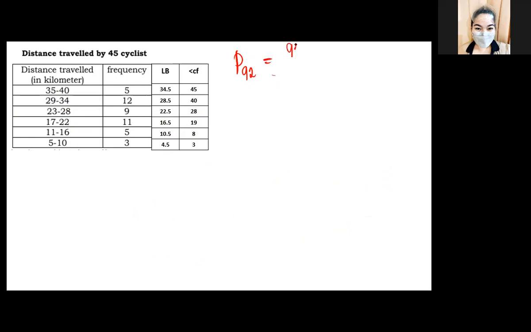Our locator is 92 times n divided by 100. So that is 92 times 45 divided by 100. Ano yung magiging answer natin dito? 41.4.